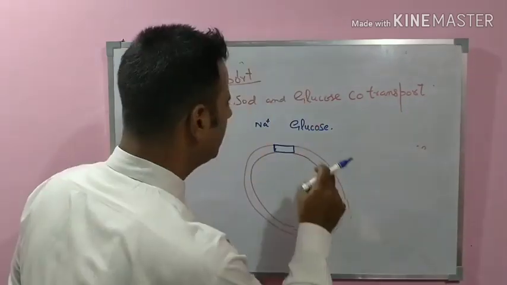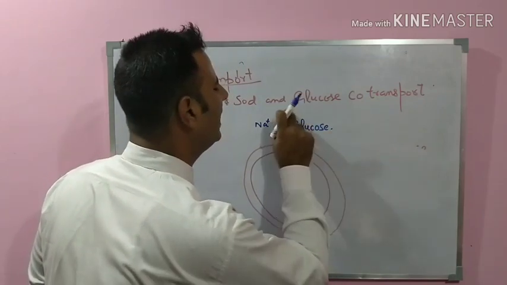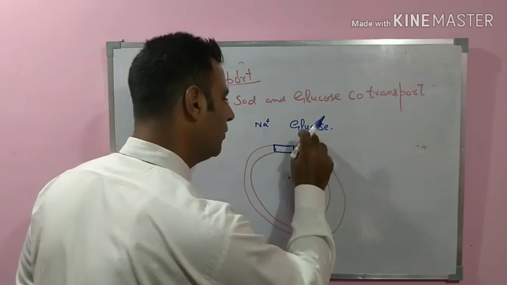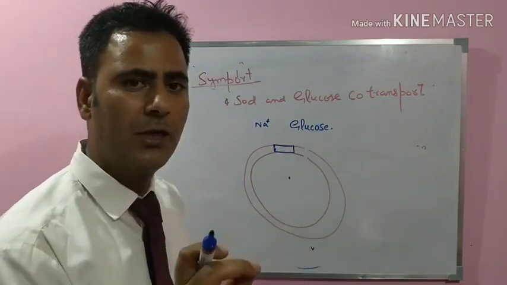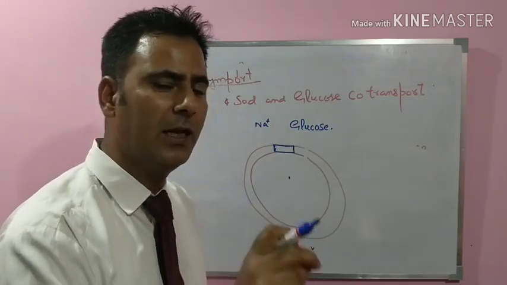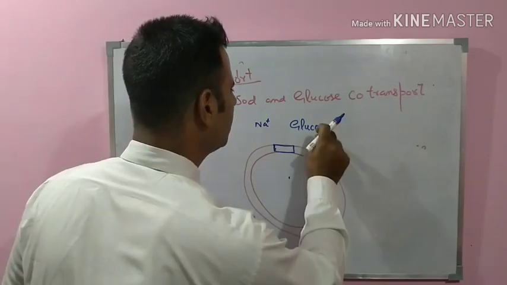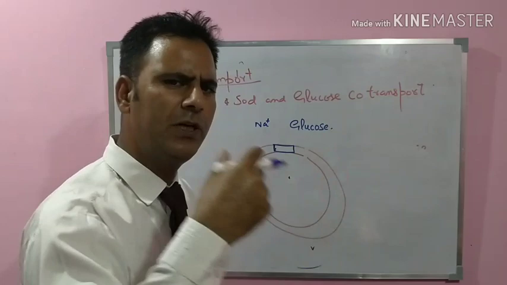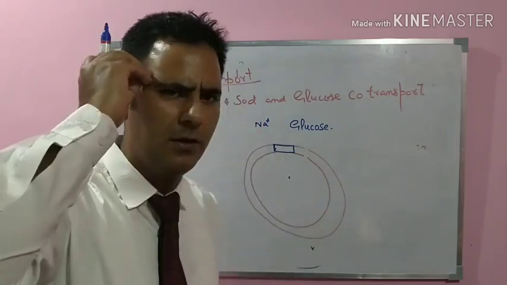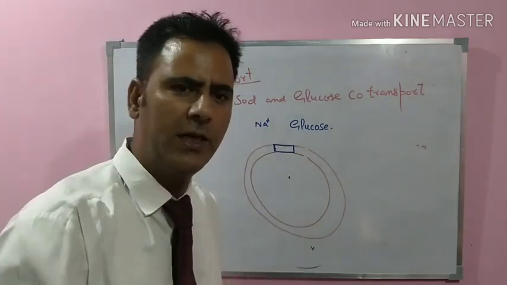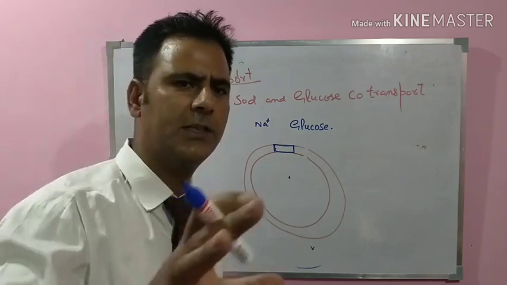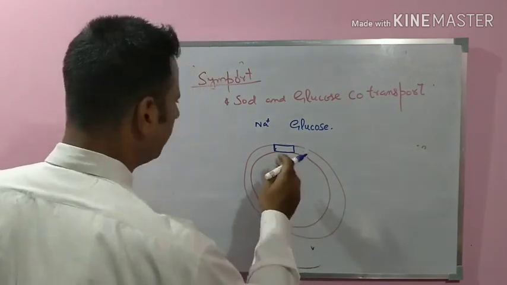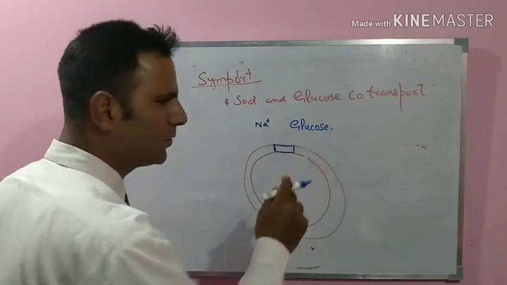It does not matter whether the glucose is very low here or very high there, it is still required by the cell. It needs to be transported into the cell despite the fact that its concentration is small in the extracellular fluid. Whether in accordance with or against the concentration gradient, the body needs it and has to transport it. For this reason, we have sodium-glucose transport.